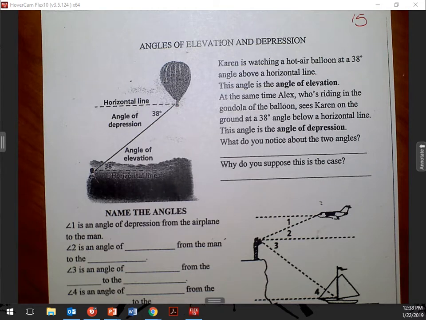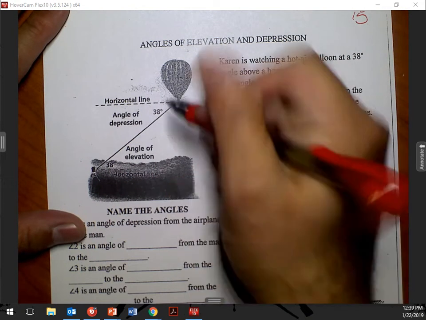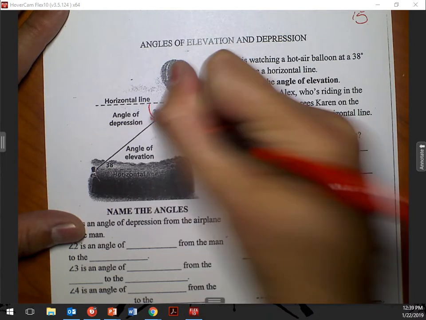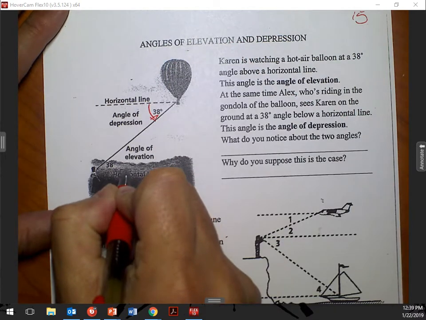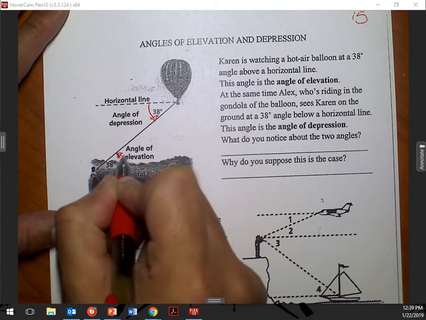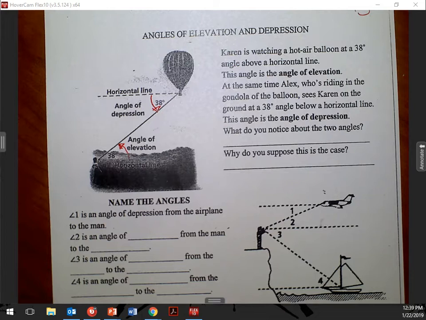So we're going to go through and actually talk about this. The horizontal line right here is going to determine top down. And angle of elevation would be bottom up. Okay, two different things, top down, bottom up, but they just so happen to be the same.